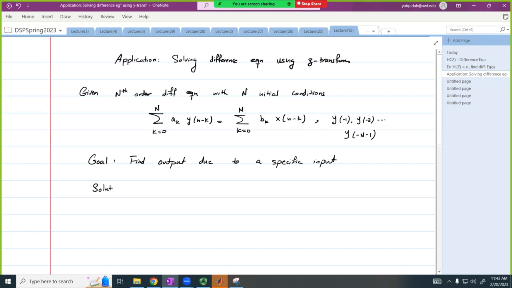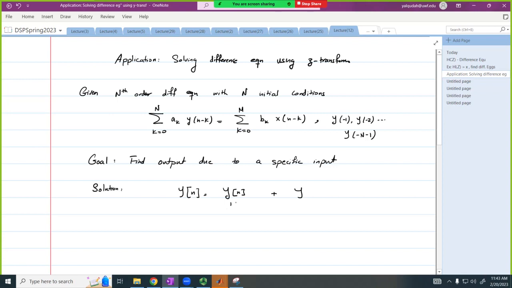Our solution is going to give me y of n. What are the two outputs that I'm going to have as a result of applying an input? Okay, I'll give you one of them, and you give me the other.